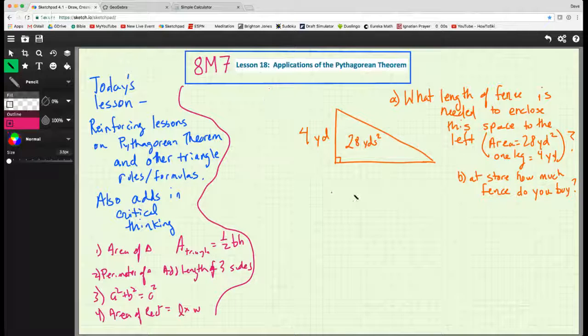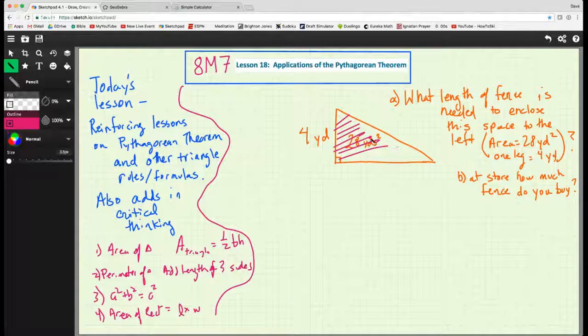Okay, so I'm going to give you 4 problem types. All of these problem types are ones that you get in this lesson. Here's a type of question, and I think this is the first one that you do in today's lesson. You have a space that's 28 square yards.